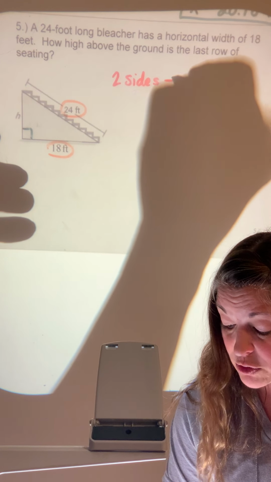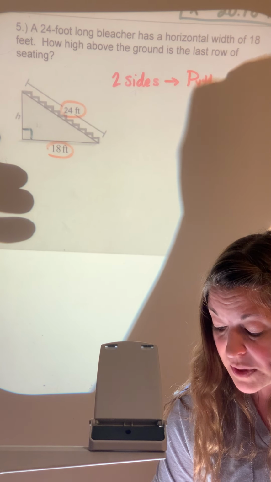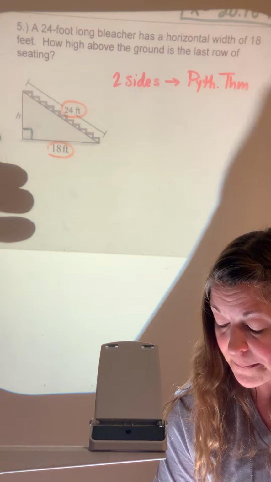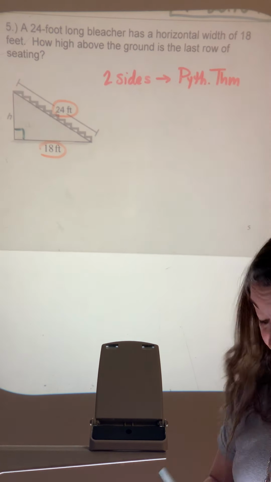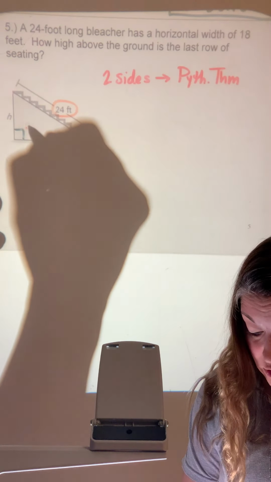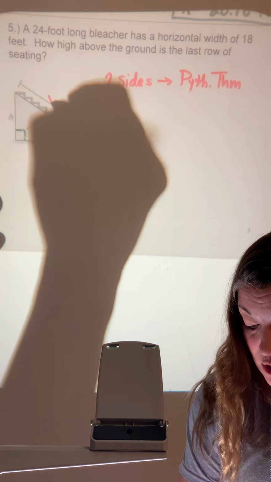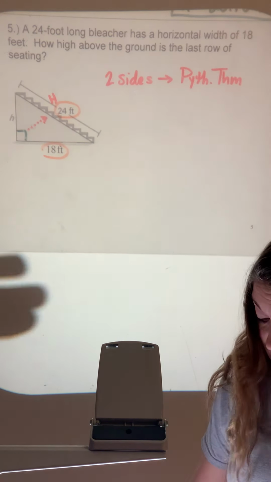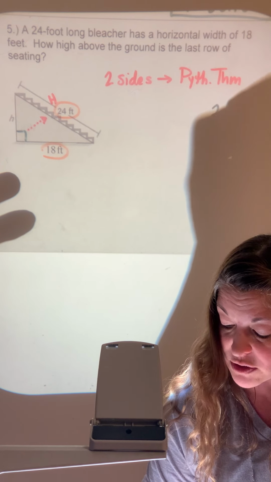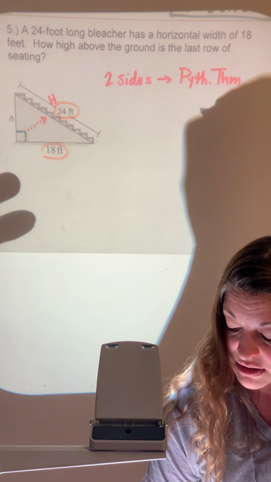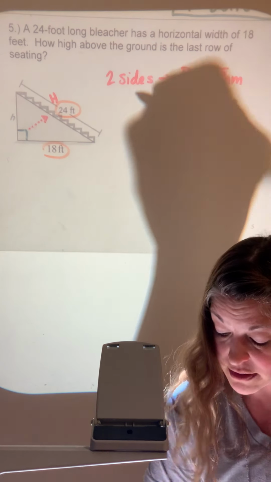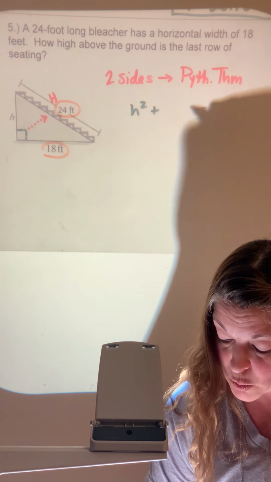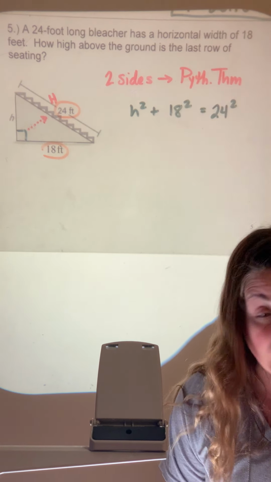Well, if I'm given 2 sides, that will always be your Pythagorean theorem. So again, looking as far as who's across, notice that the 24 is your hypotenuse, so just like on the other page, we're going to have to make sure that that hypotenuse goes on its own side there. That'll give us h squared plus 18 squared.